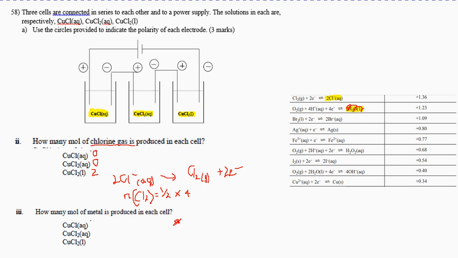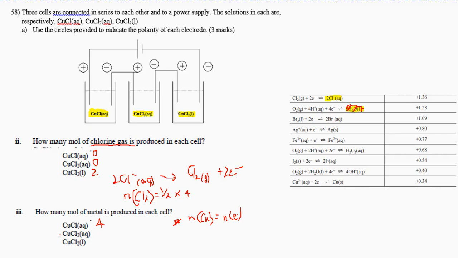So this must be copper 1. So therefore, the number of copper is going to be equal to my number of electrons for that first one. So I'm going to have 4 moles of copper 1 formed.